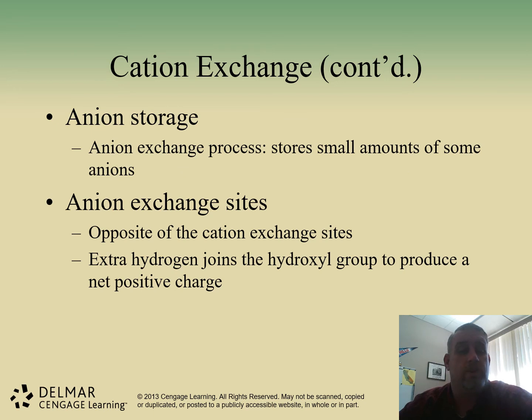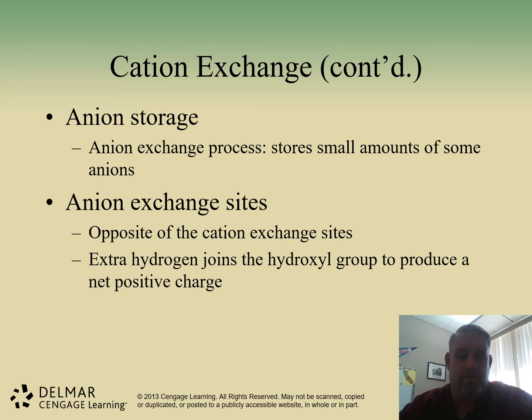So anion storage is also an exchange process, and these anion exchanges, they store small amounts of these anions, but they are going to be the opposite of the cation exchanges. So there are some particles within the soil that will hold on to these anions in a very similar way to the cations.